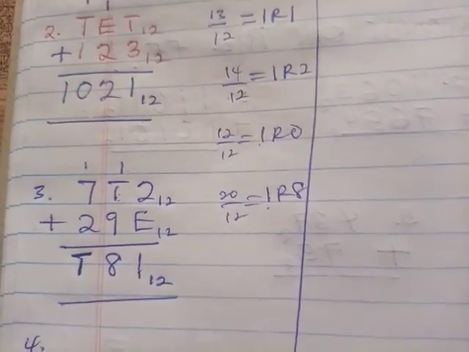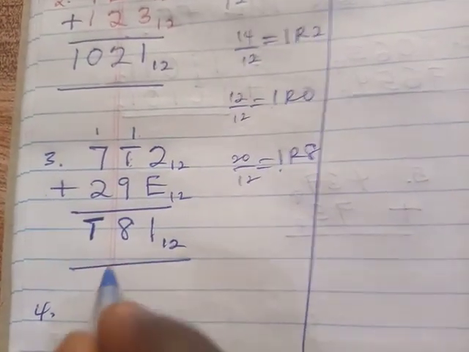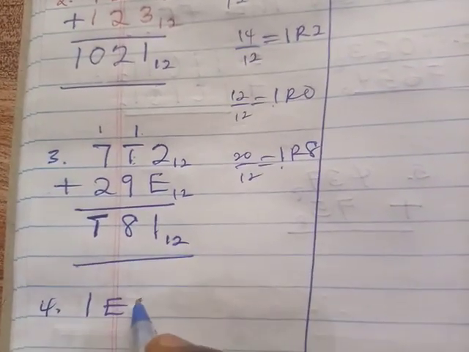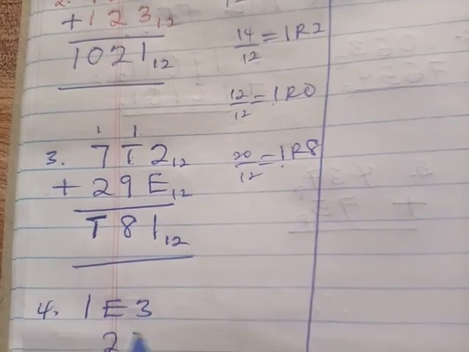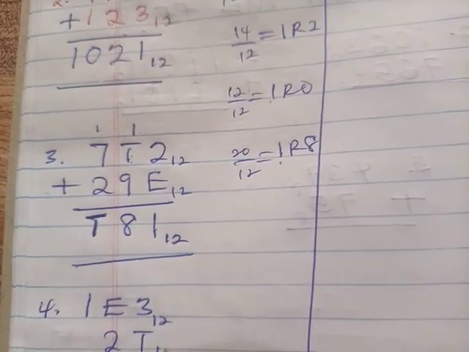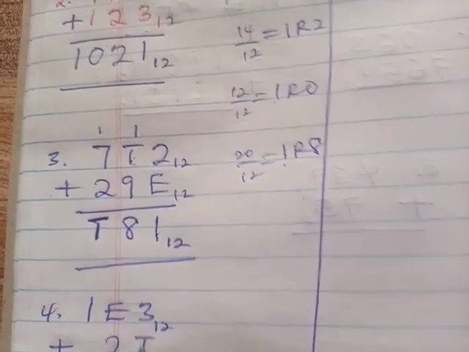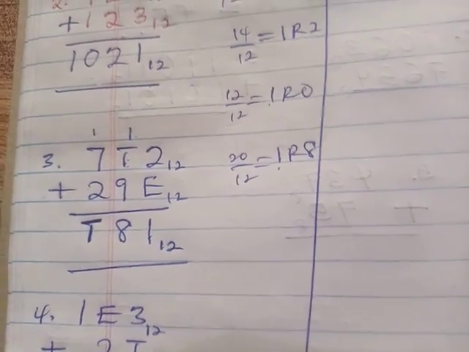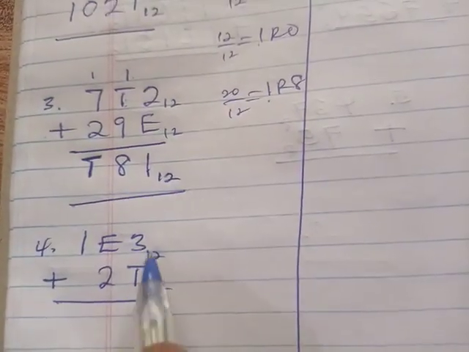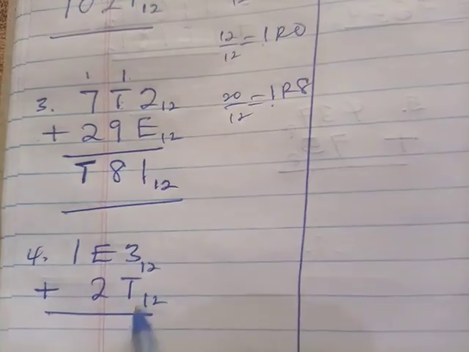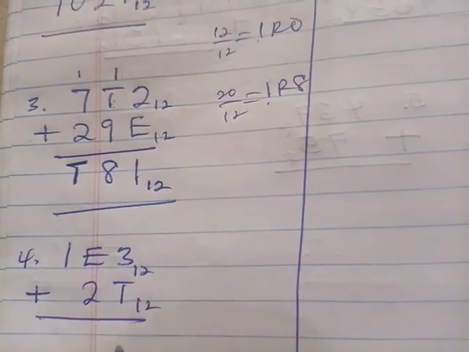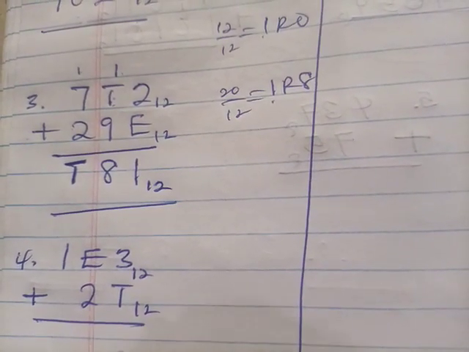The next example, example 4. Let's say 1e3 and 2t, all in base 12. So 3 plus t making 13. 13 base 12. 12 goes into 13 one time, remainder 1.